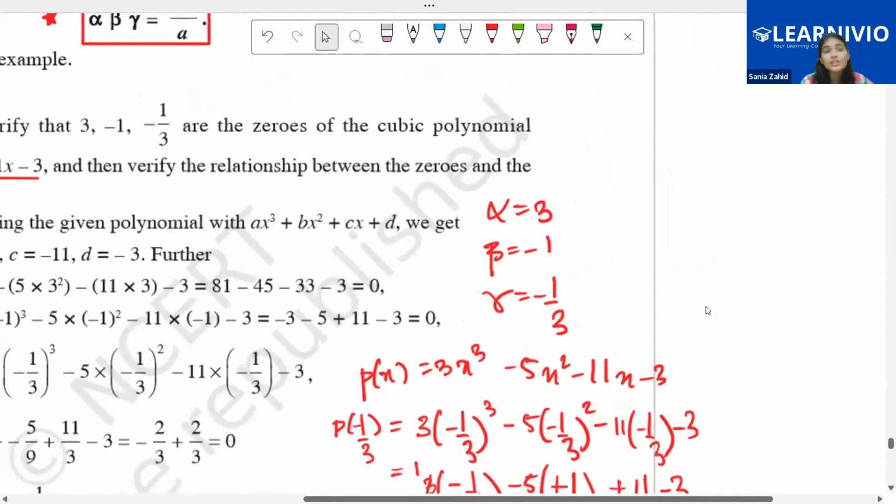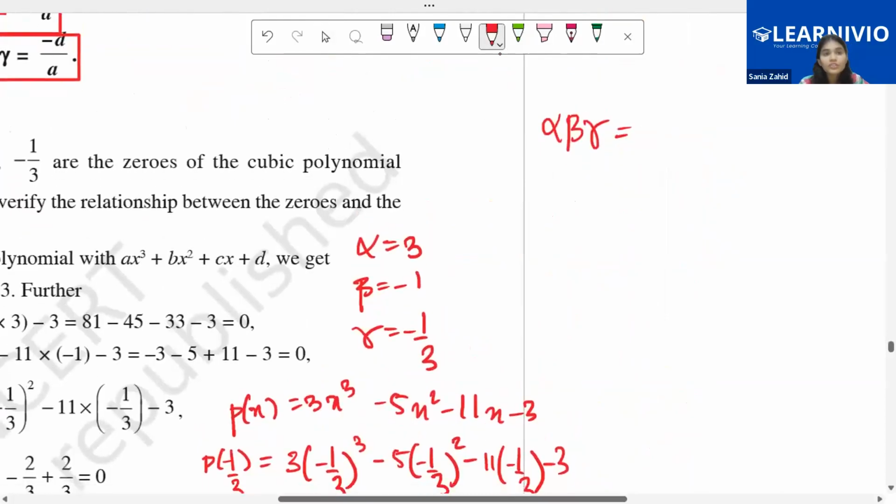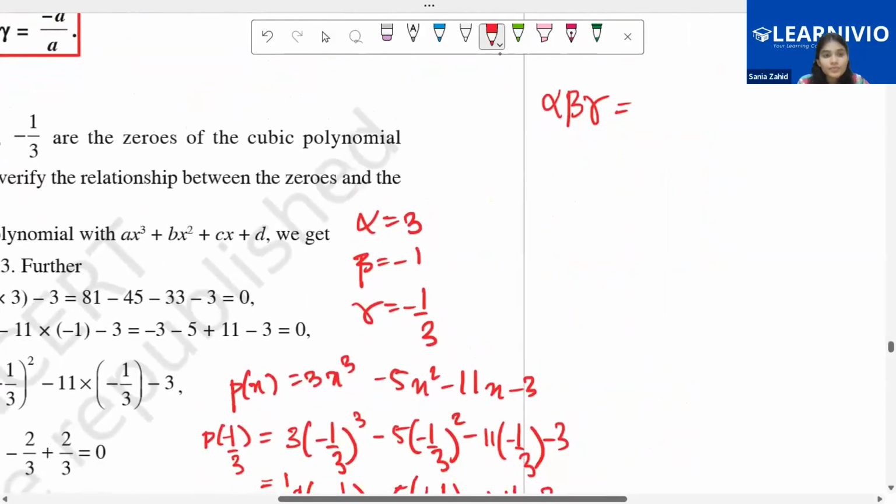Okay, now how do you verify the relationship? What are the formulas we studied? We studied 3 formulas. Tell me for alpha, beta, gamma. What is the formula? Minus d over a. Very good. Minus d over a. Okay, now what do I get? What's minus d?